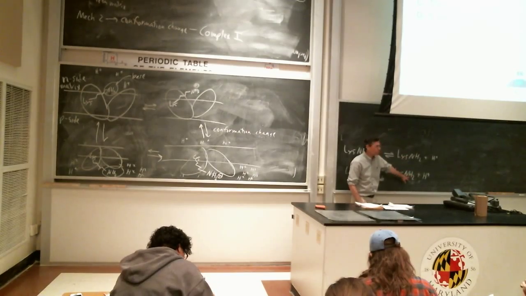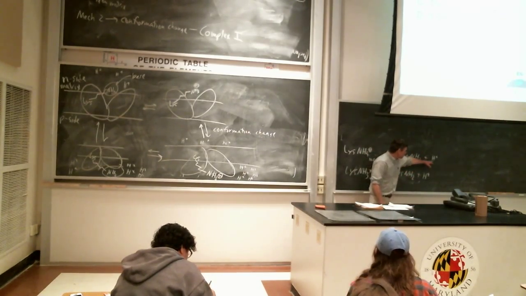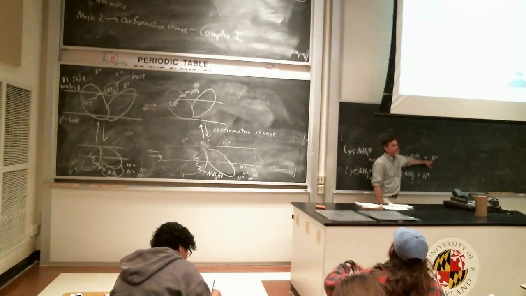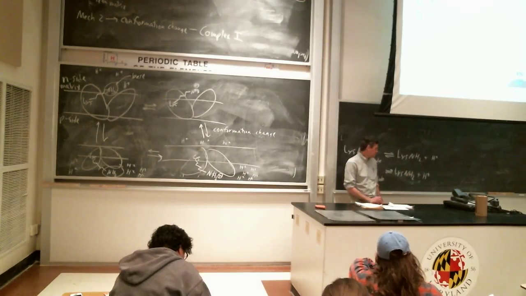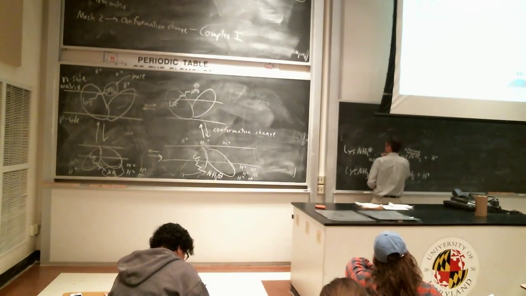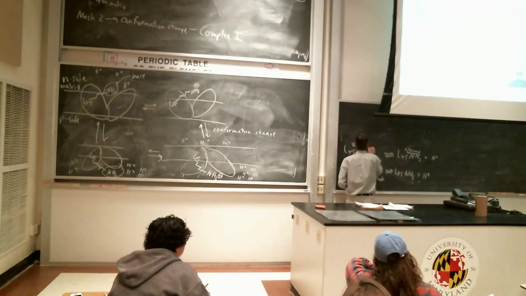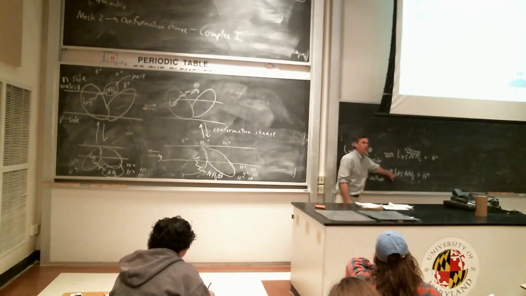this base had better be stronger than that base because you need to grab protons on the inside. And moreover, again, you need to grab protons when there aren't very many protons here and not grab them when there are lots of protons here. Right? So you want this to be a strong base, which means you want this to be a weak acid. Here you want this to be a strong acid, and therefore a weak base.